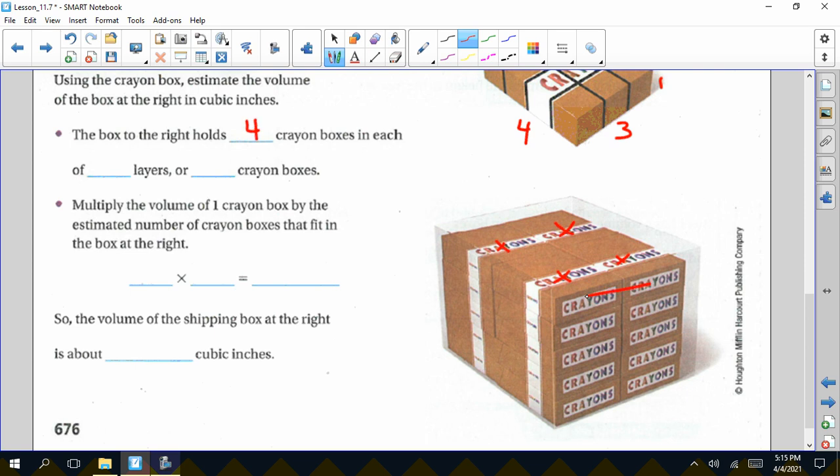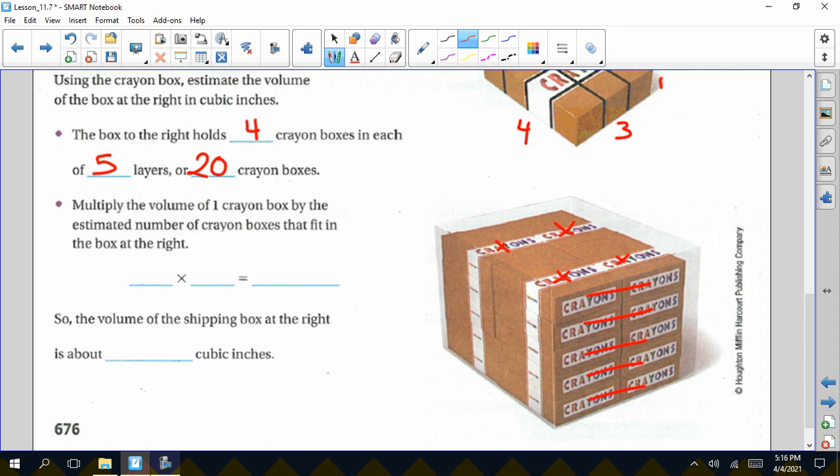There are 5 layers. So 4 times 5 gives us 20 crayon boxes inside of this larger box.